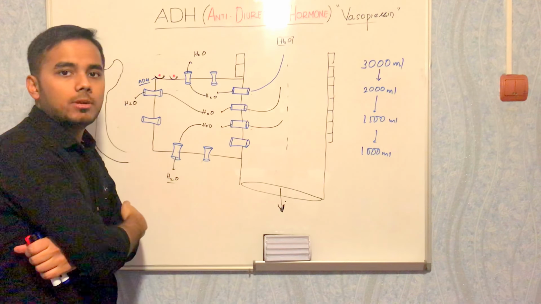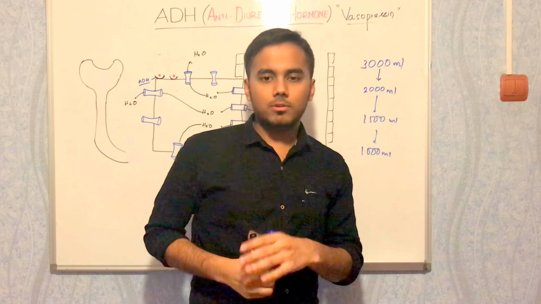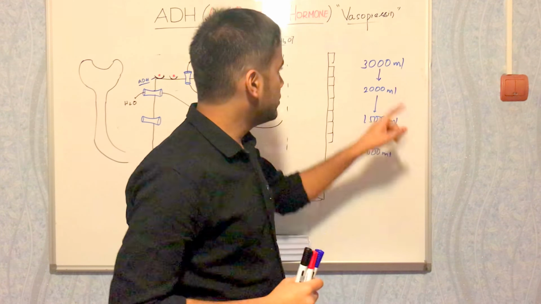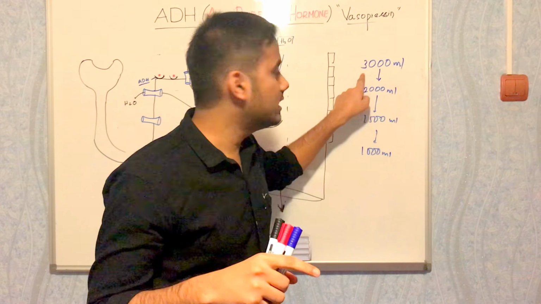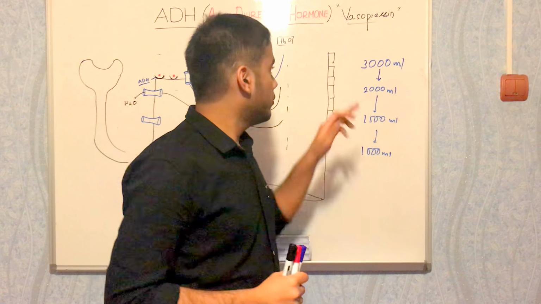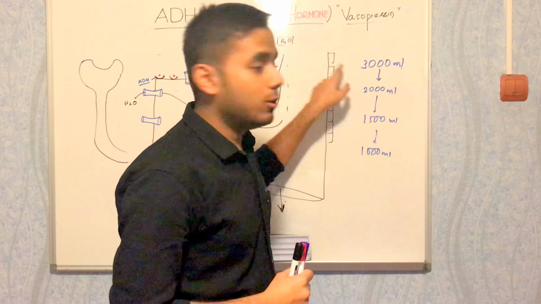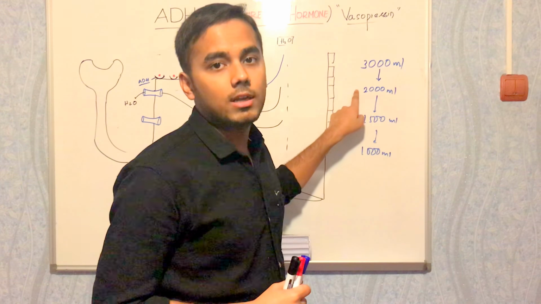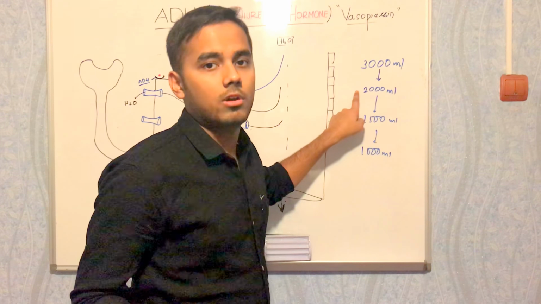This is the ADH receptor, right? For example, take a case. A patient has a cardiac output of 3000 ml instead of 5000 ml, right? In this patient, ADH has to work, because losing extra water is not acceptable; if he loses extra water, as I told you, it leads to hypovolemic shock, right?